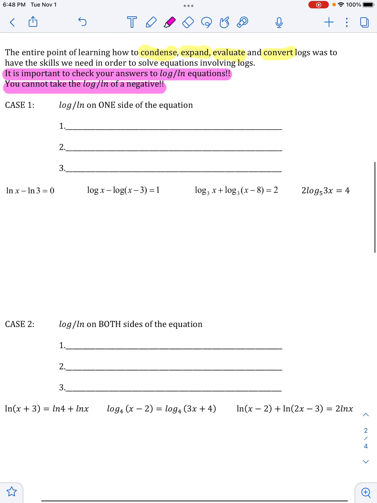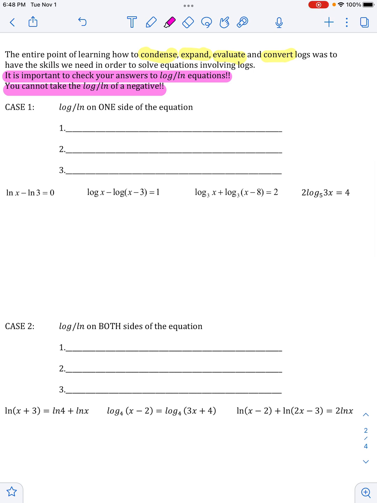But in these problems, you're going to get an x value. Just because the x value is negative doesn't mean it won't work, and just because the x value is positive doesn't mean it will. So you actually have to go back. It's not really a math thing. You just use your eyeballs and look at the original problem quickly and see if any of the values that you got force you to take the log of a negative.